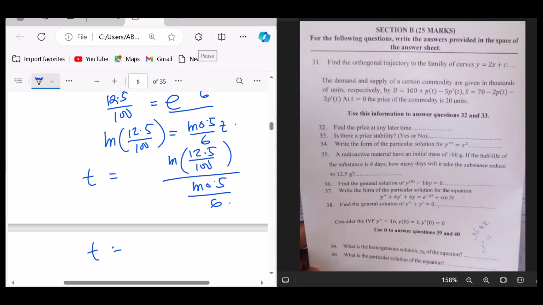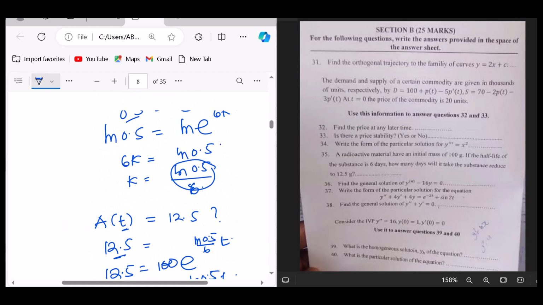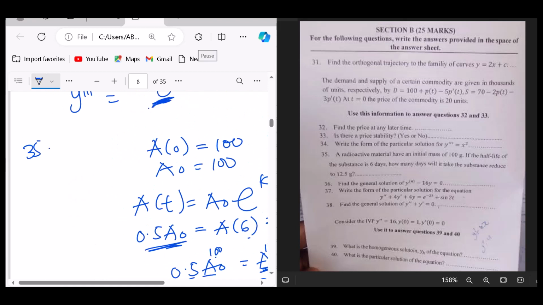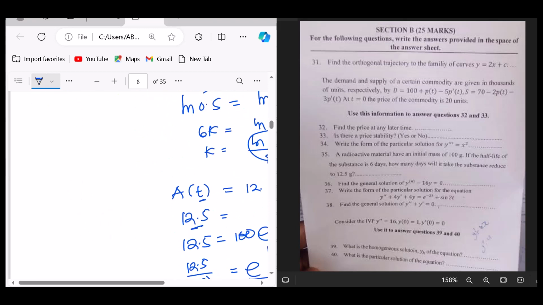And so you get your t to just be 18. So how many days will it take the substance to reduce to 12.5? That's just 18 days. So our question 35 is just 18. Now we go to question 36.